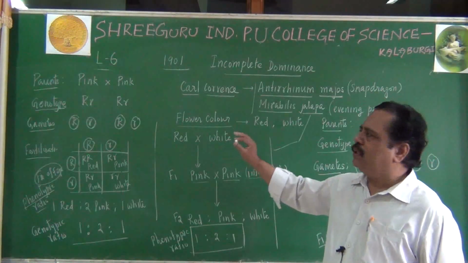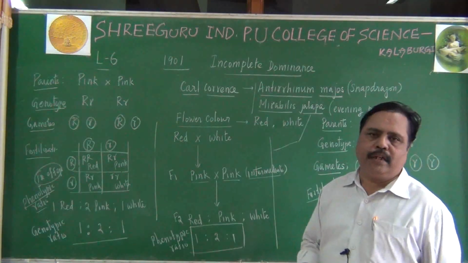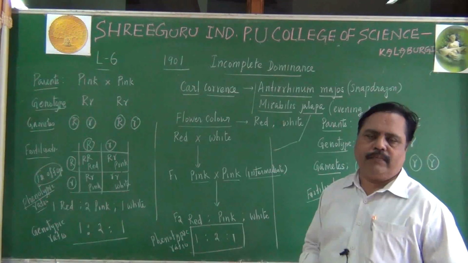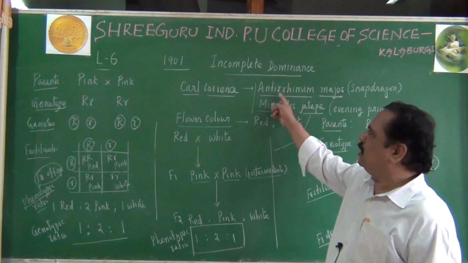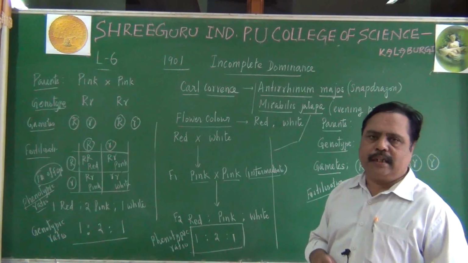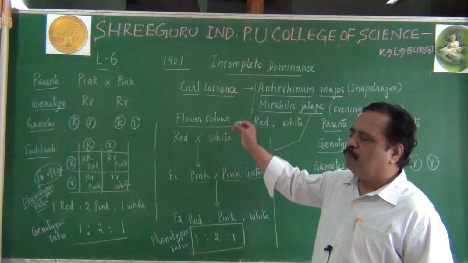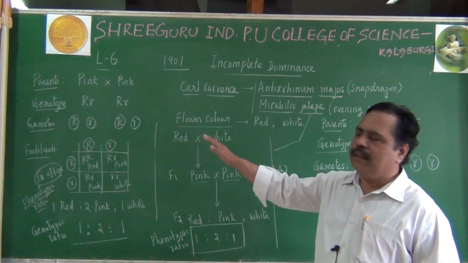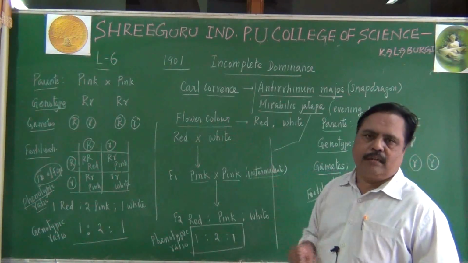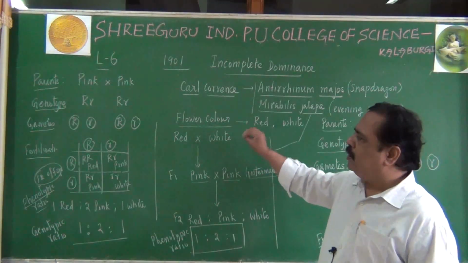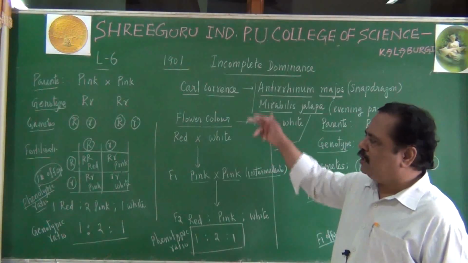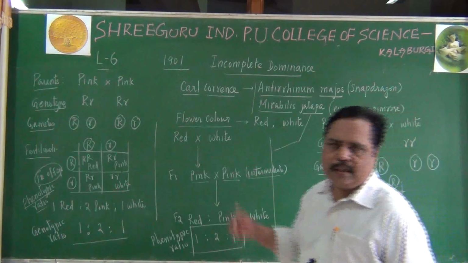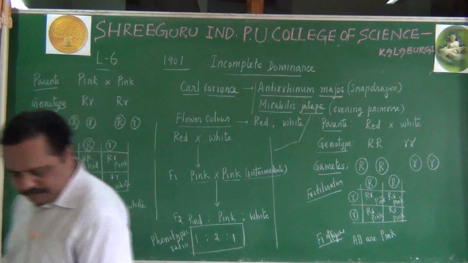A 5-mark question can be asked: explain incomplete dominance with an example, or explain Correns' study, or in Antirrhinum majus. Similarly, the monohybrid cross we have also seen with reference to Mendelian principle. Lastly, I will tell you a few more points related to this. Half a minute, if you want to write anything, please make a note.